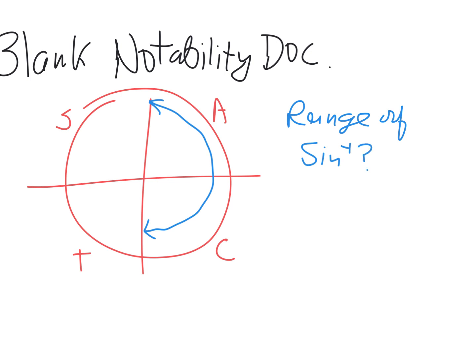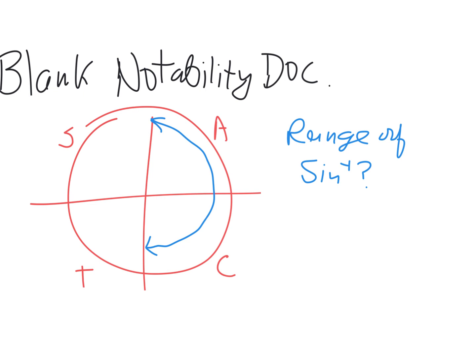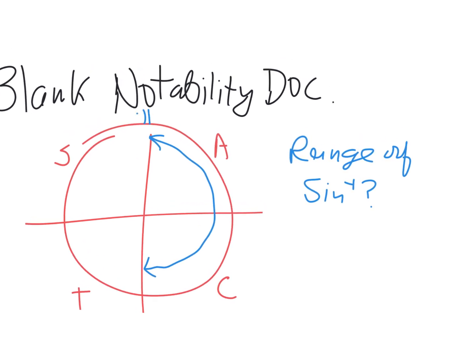You can't draw a picture. How do you write it without drawing a picture? Your answer might include pi over 2 in it. Because pi over 2 is right there.